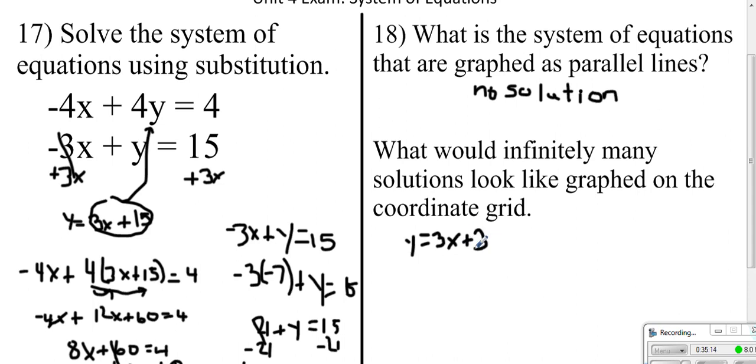Y equals. Remember, they have the same slope. So if they have the same slope, it doesn't matter what the y-intercept is. If they have the same slope, they're rising and running at the same rate, both lines, and they'll both look like complete parallel lines, like that. All right, so that's what that'll look like.